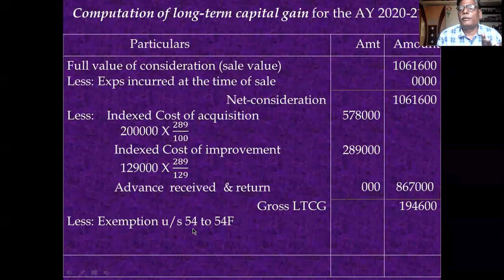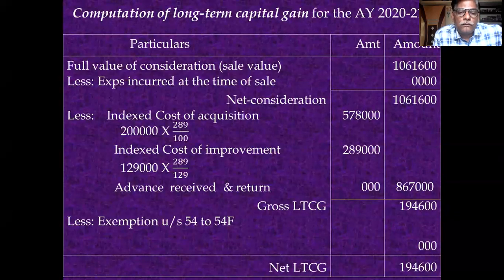Nothing is given in the problem. Therefore, you put 0 and your answer is same. Gross capital gain becomes the net long-term capital gain. In this way, you calculate the answer. Okay. This is the method of solving the problem.